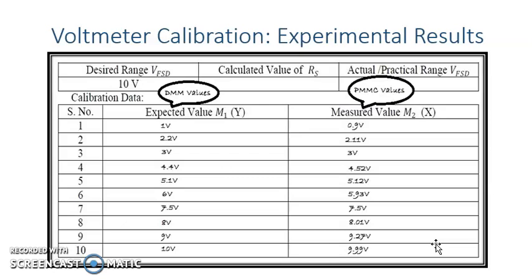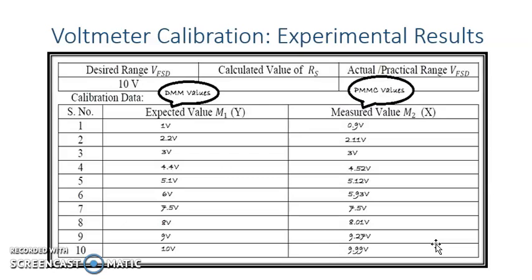So this is the practically obtained data, expected value M1. These are the values from DMM when we are using it as a voltmeter. The measured values represented as M2, these are the values from the PMMC based voltmeter.